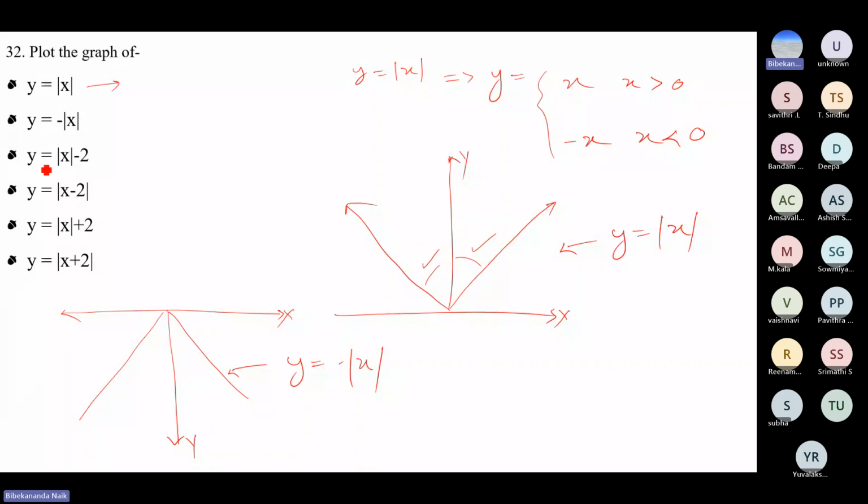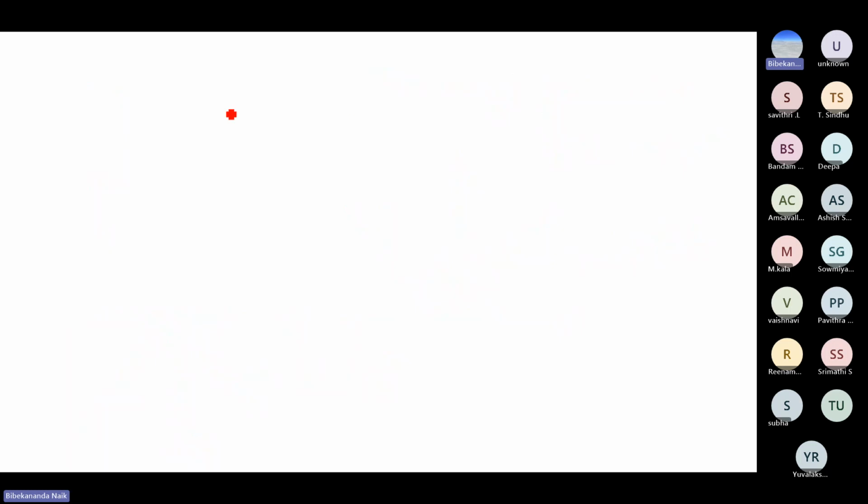Then another graph is y equal to mod x minus 2. Basically this is a shifting function. When we subtract in y equal to mod x minus 2, the graph shifts 2 units down along the y-axis. Similarly, in mod x plus 2, the graph shifts 2 units up along the y-axis.